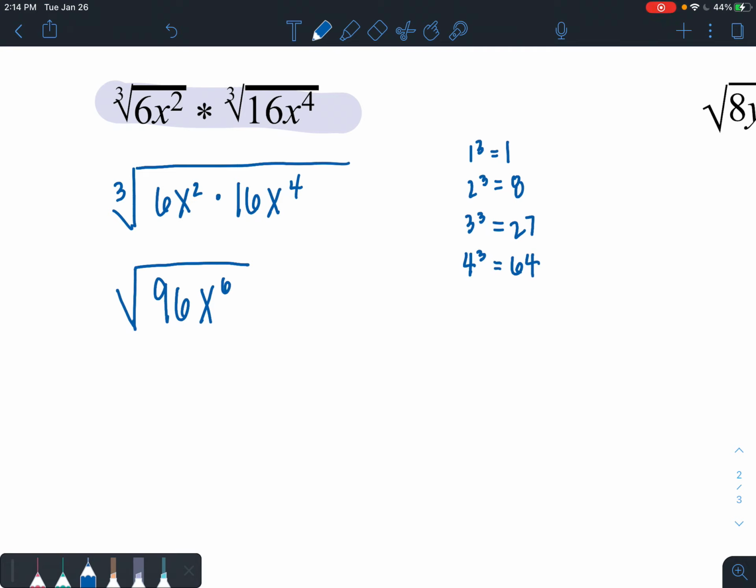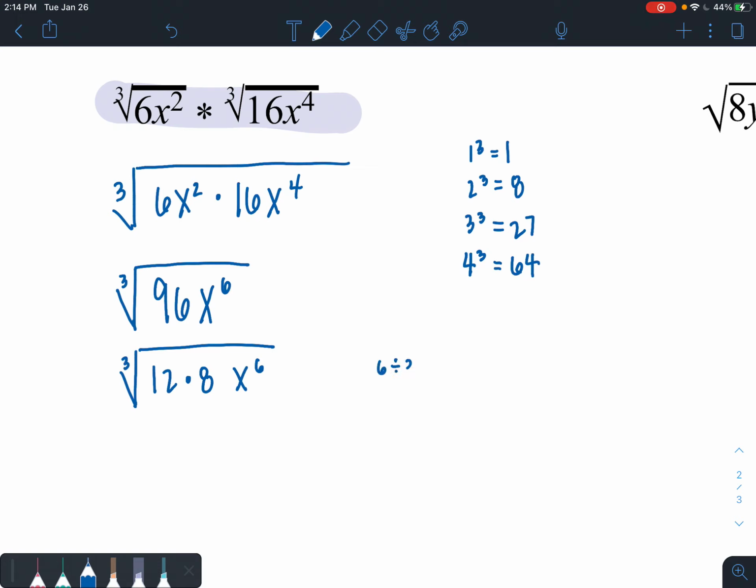Can't be any more than that, so 96 divided by 8 is 12. So we're going to do 12 and 8, and it is a little bit of trial and error there, and then x to the 6th. And I did forget my 3 on those ones.